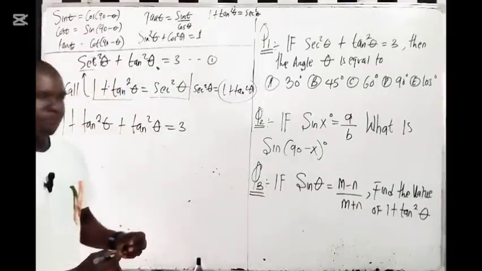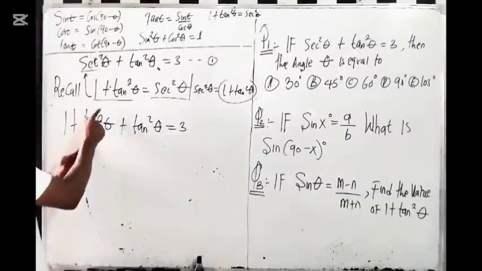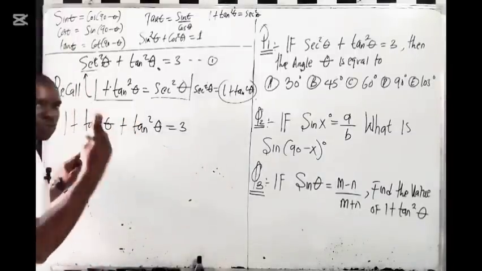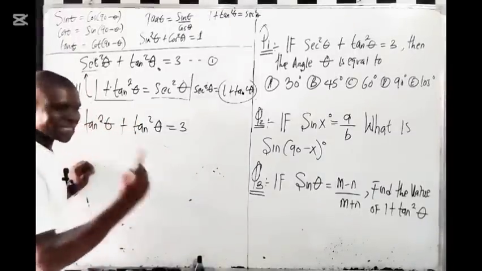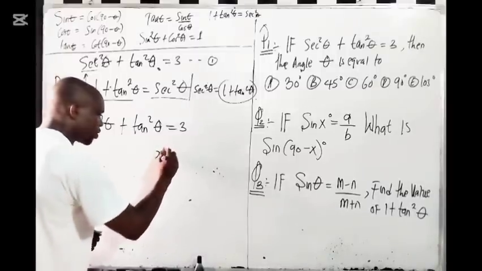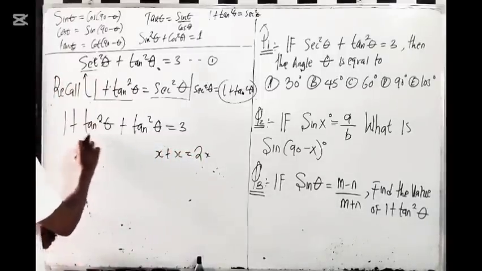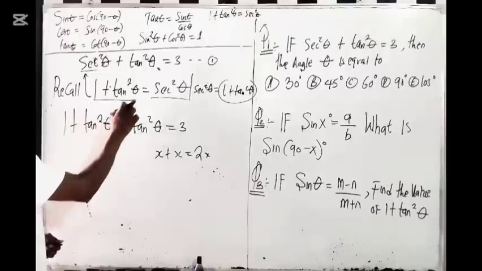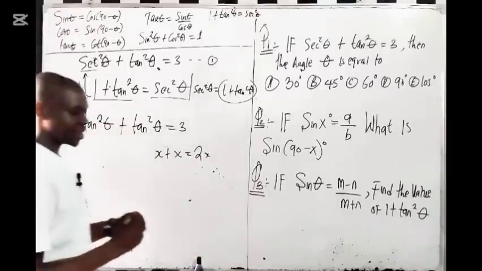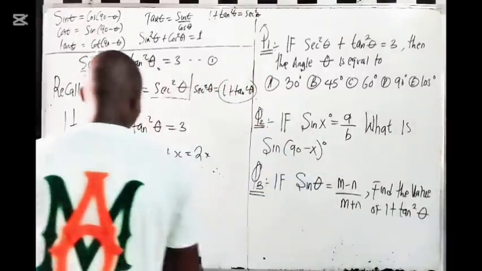Do you understand? Remember, tan squared theta plus tan squared theta is going to be 2 tan squared theta. Like x plus x equals 2x. So tan squared theta plus tan squared theta is 2 tan squared theta.